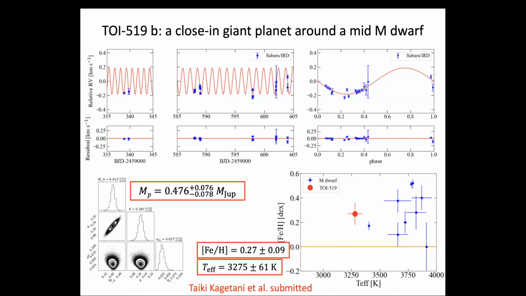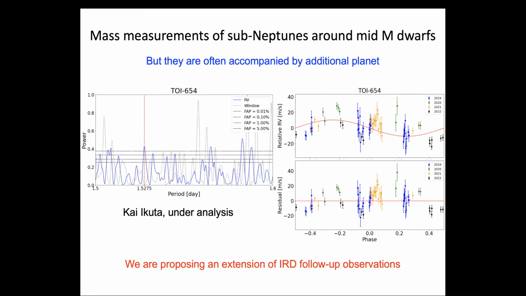And also we are observing several sub-Neptunes. Actually, we have not yet published many papers, but this is one case, TOI 654. We observed this target for 4 years, and we already get a very low false alarm probability for the period of the transiting planet.